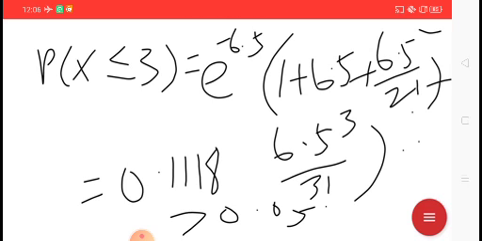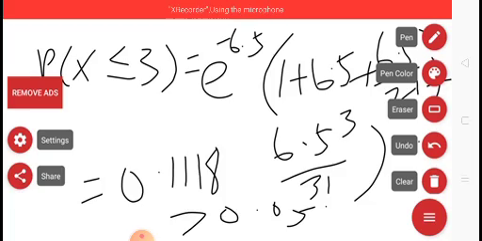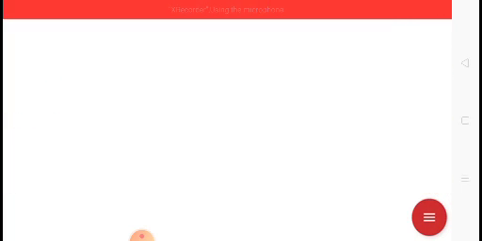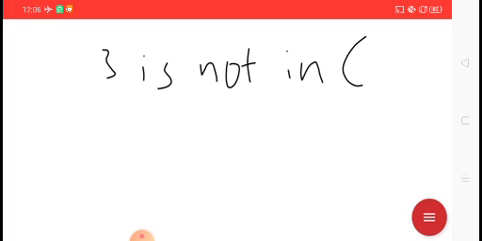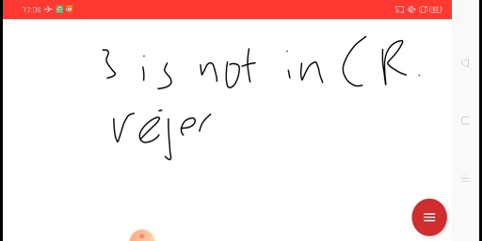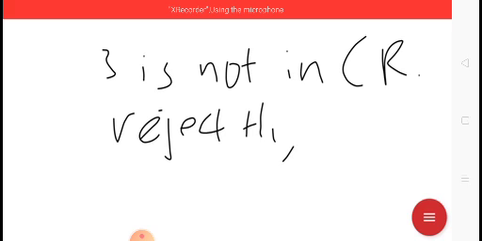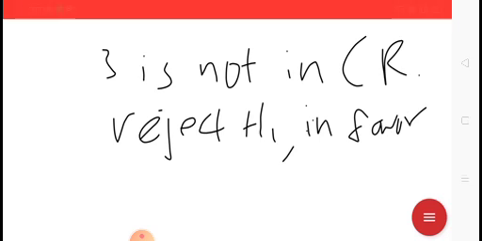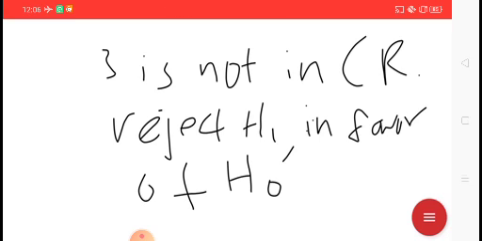So if it is larger, it means 3 is not in the critical region, right? Not in the critical region. So if not in the critical region, we do not reject H0 in favor of H1, right? Because it is not in the critical region.